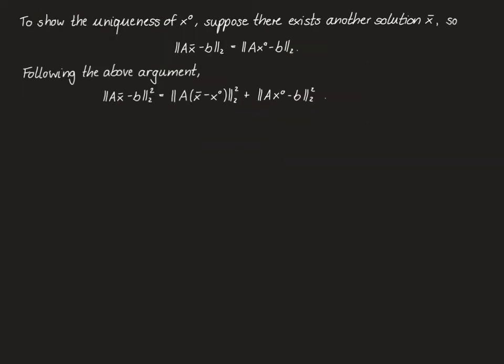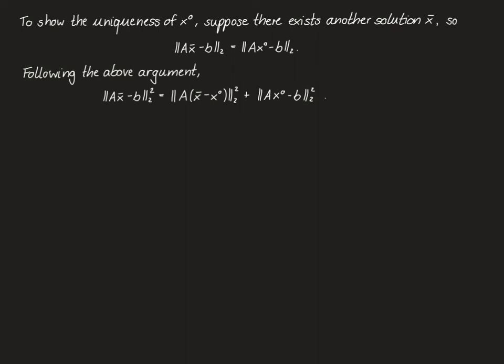To show the uniqueness of the optimal vector x naught, suppose there exists another solution that we call x bar, which produces the same norm of the error vector. So the norm of A x bar minus b equals the norm of A x naught minus b.